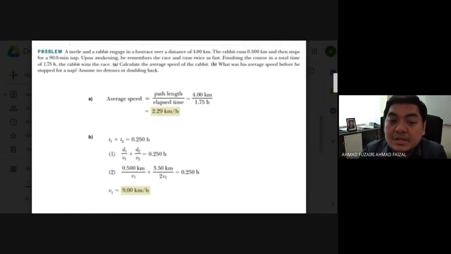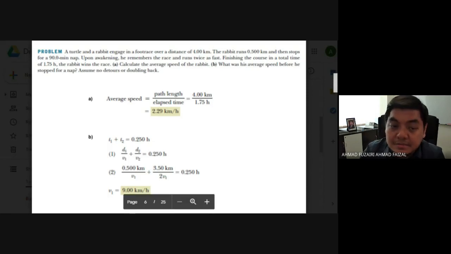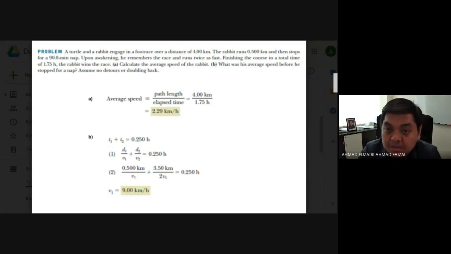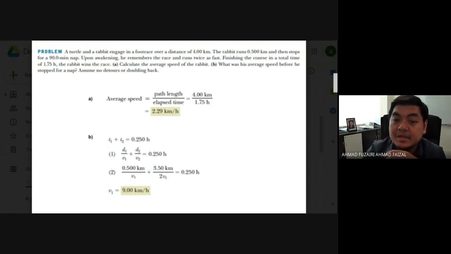So dekat situ dia buat dalam question ni, maksudnya T1 plus T2 equals 0.25 hours. Kenapa 0.25 hours? Sebab consider this is only yang 0.5 km tu yang dia lari sendiri. The rest of yang dia lari tu, dia lari dengan average speed 2.29 km per hour. So that's why in here kita T1 plus T2.